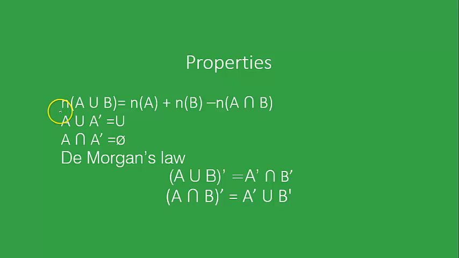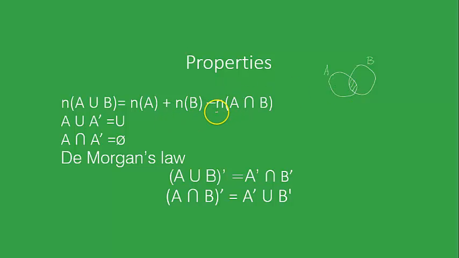The first property is that the number of elements in the set A union B is equal to the number of elements in A plus the number of elements in B minus the number of elements in A intersection B. As you can see from the Venn diagram, the number of elements in A counts the number of elements present only in A and A intersection B, and the number of elements in B counts the number of elements only in B and the number of elements in A intersection B. So the number of elements in the A intersection B segment appears twice in the sum.